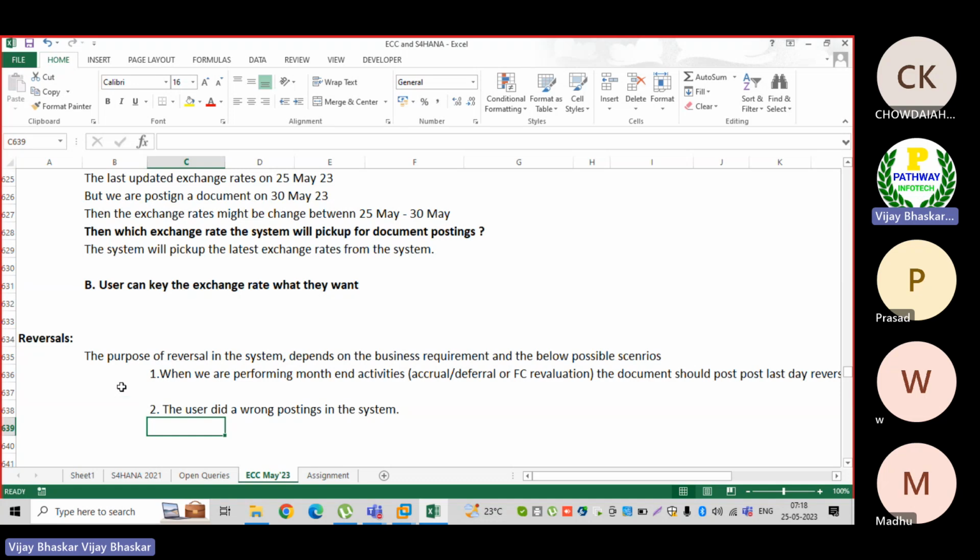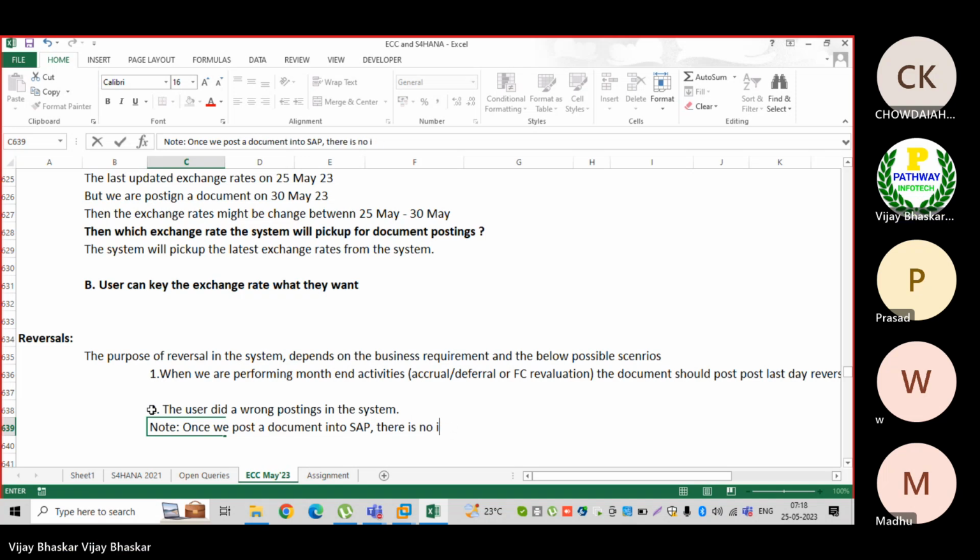First, you need to remember this. Note: once we post a document into SAP, there is no option to delete it.